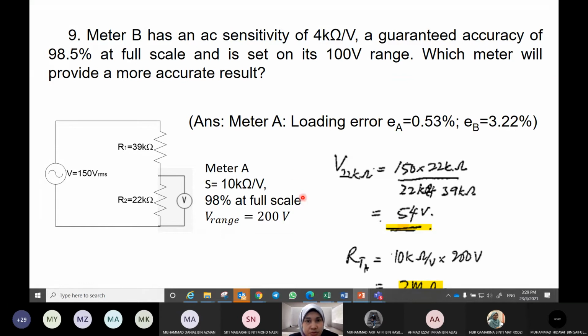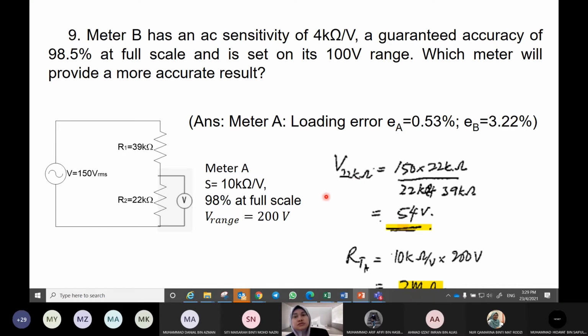The question asks which meter provides a more accurate result. Accuracy relates to error, so we want to find the error of this measurement.